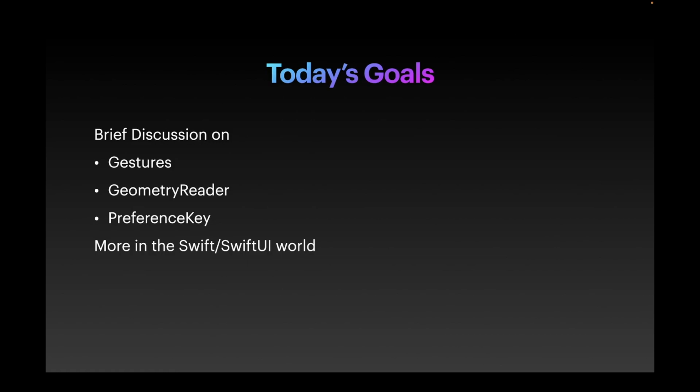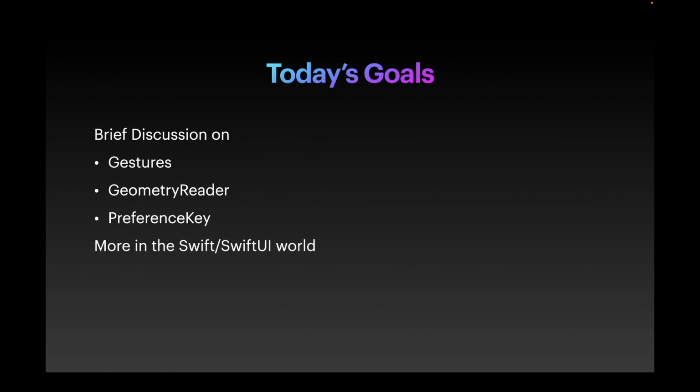It's a quite intuitive way. However, you may sometimes want to pass data from the child view to the parent view, and in that case you want to use the preference key.